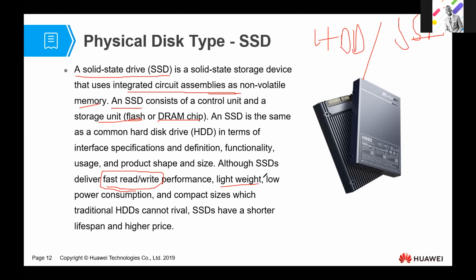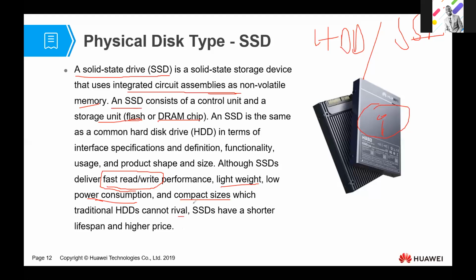They are lightweight because they have a chip inside. They don't have disks and platters and spindles and motors. They don't have all those things. And low power consumption simply because they don't have all those other functionalities. And of course, they have compact sizes. They can be very small, which traditional HDDs cannot rival. So SSDs have shorter lifespan and higher price.